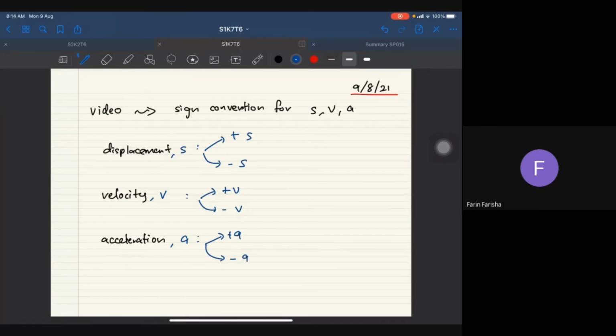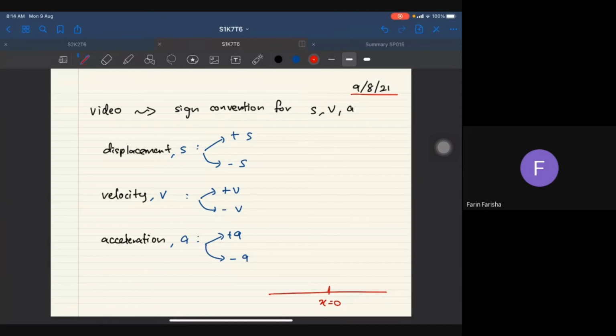Okay, when I say it's positive S, that means the displacement is to the right of 0. So let's say I have a displacement line like this one, where x equals 0.